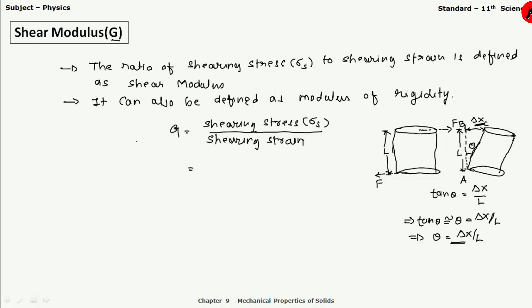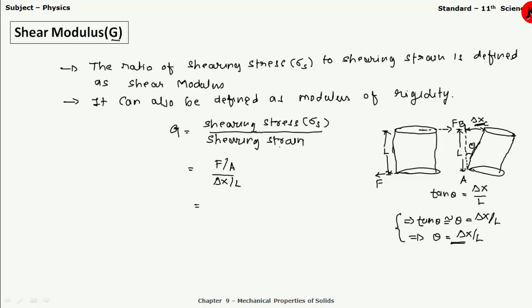Now come to the definition of shear modulus. This concept is helpful for the equation of shear modulus. Now we know shearing stress is defined by force per unit area, F by A, and shearing strain is equal to delta x by L, right?